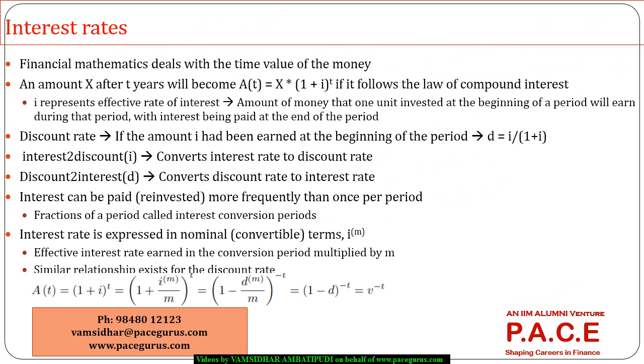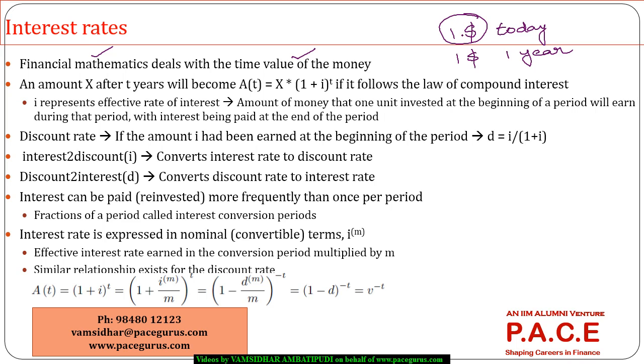Getting started with the interest rates. We know financial mathematics per se, when we talk about the word financial mathematics, we are dealing with time value of money. A dollar today is much worthier compared to a dollar that I receive in the future, let's say after 1 year. The same $1.